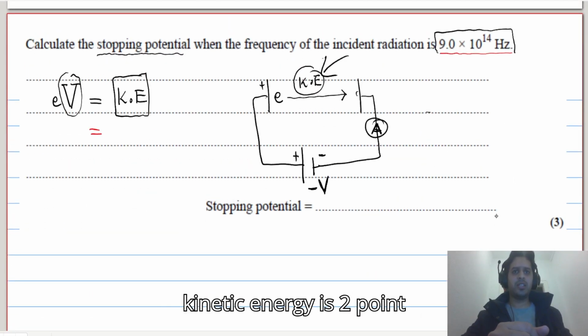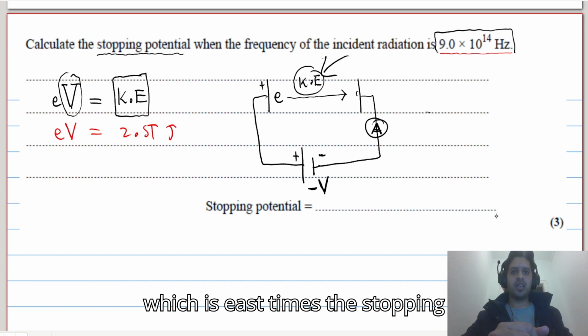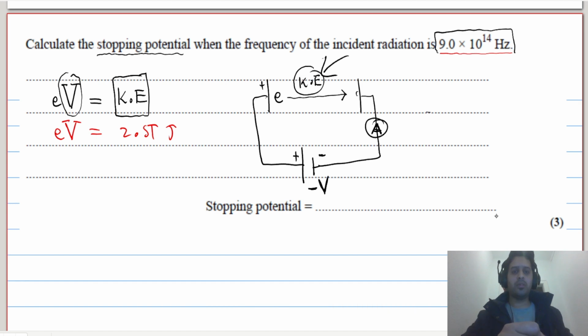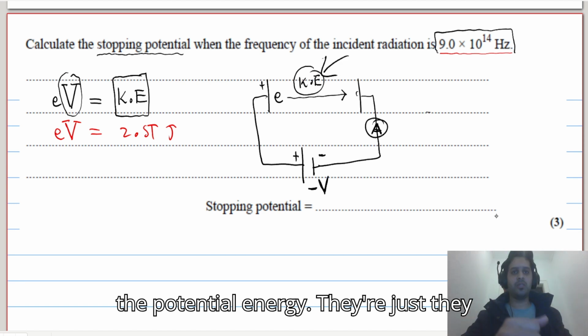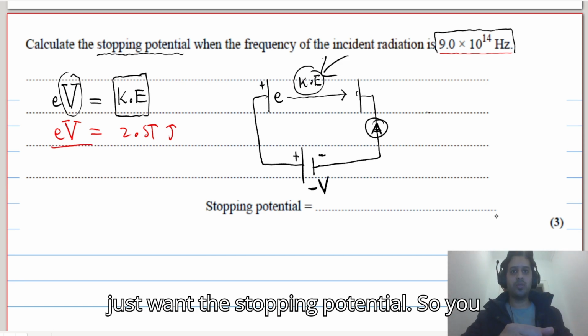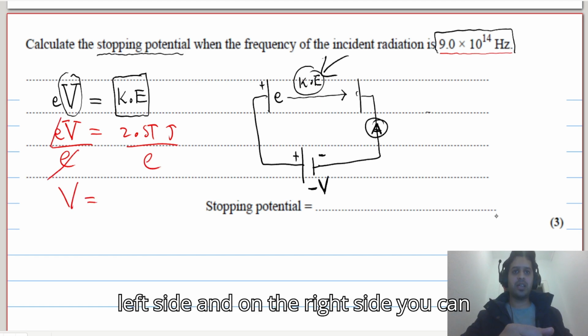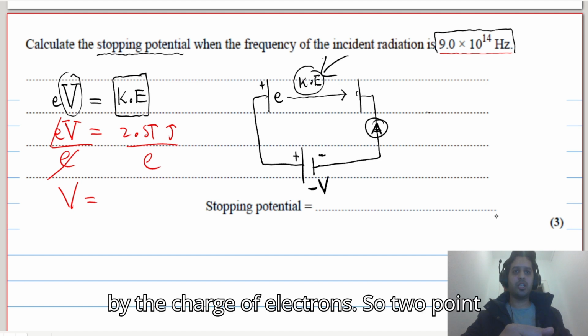So the kinetic energy is 2 point something joules, which should be equal to potential energy, which is E times the stopping potential V. Now, the question is not asking you to find the potential energy. They just want the stopping potential. So you need to divide both sides by the electronic charge. It will cancel on the right side, and on the left side you can just divide this number by the charge of electron.